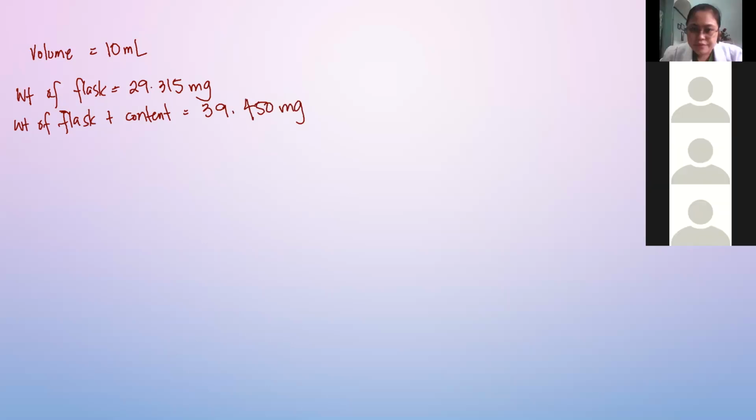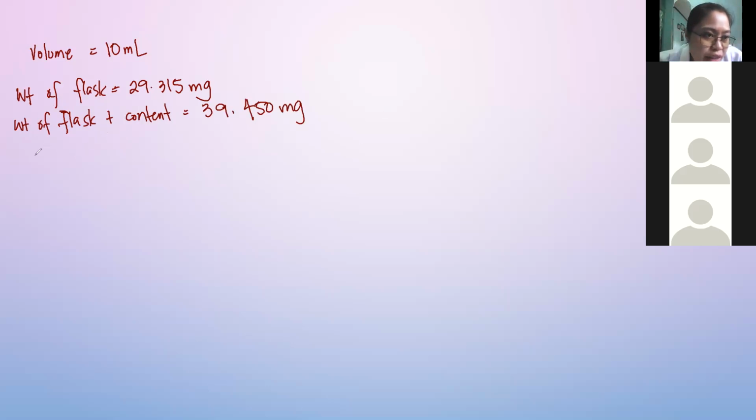And then the weight of the flask plus the content is 39.450 grams. So our first step, class, I hope you can follow. You ask questions later if you can't follow.